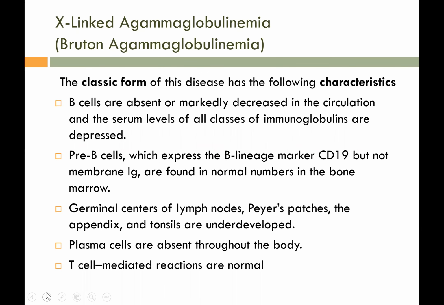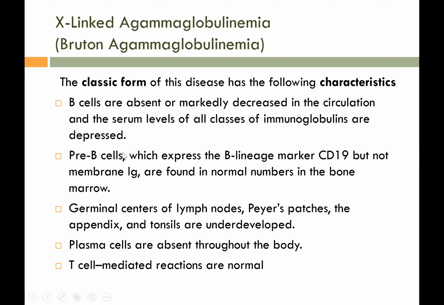So the classic form. If you remember what I have been emphasizing, it's the precursor B cell that is problematic here. So all of this should follow. Why? Precursor B cells, if they are absent or markedly decreased, of course, antibodies would be a problem.